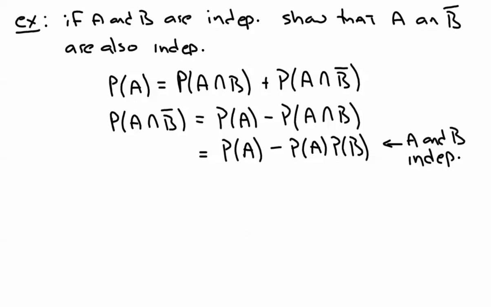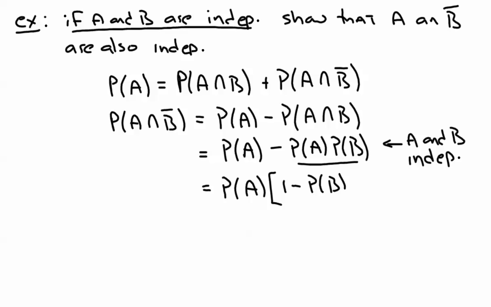If A and B are independent, which we're assuming, then the right-hand side of my relationship down here can be written as the product of marginal probabilities. Now I can just factor out the probability of A. Just algebra to get me there. But from a relationship we derived earlier, 1 minus the probability of B is the probability of B complement.